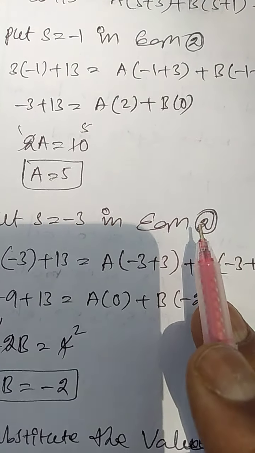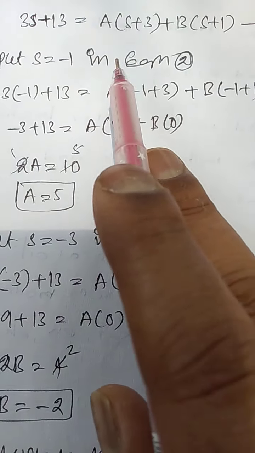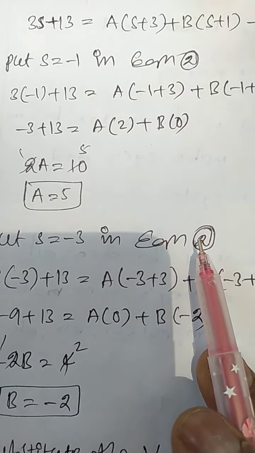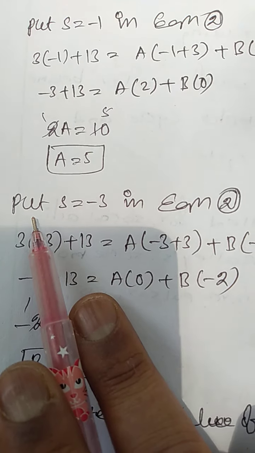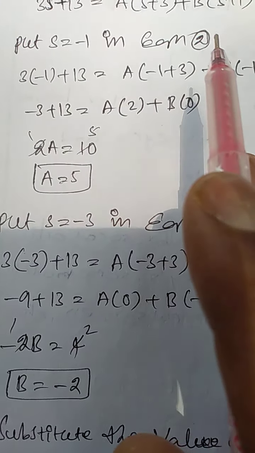Now find the value of B. Same here, apply the trial and error method. s + 3 = 0, so s = -3. Put s = -3 in equation 2.